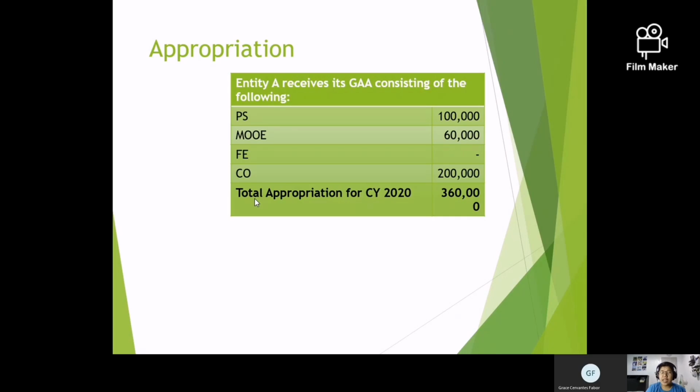Yung doon sa last chapter natin na diniscuss, enactment of GAA. So, meron ng appropriation. So, kunyari, entity A receives its GAA consisting of the following: PS, 100,000, MOE, 60,000, capital outlay, 200,000, total appropriation, 360,000. Ang tanong, ano yung journal entry at anong mga registries ang i-update natin?